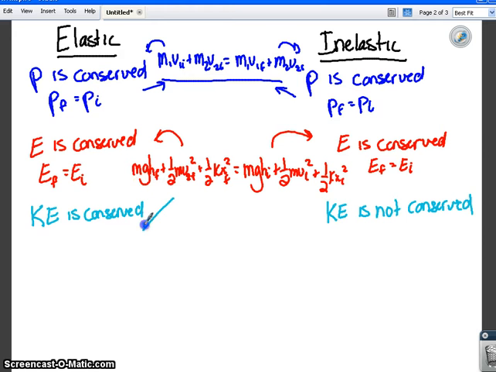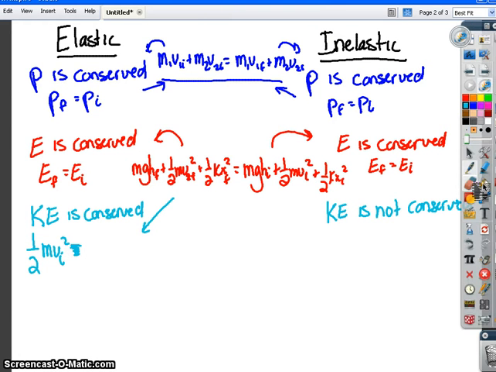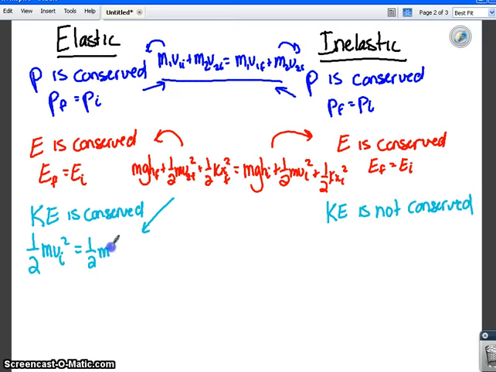This equation can come down here, and it's simply going to be 1/2 mv initial squared equals 1/2 mv final squared. I need to add one thing here: total kinetic energy is conserved. So this could be two objects.